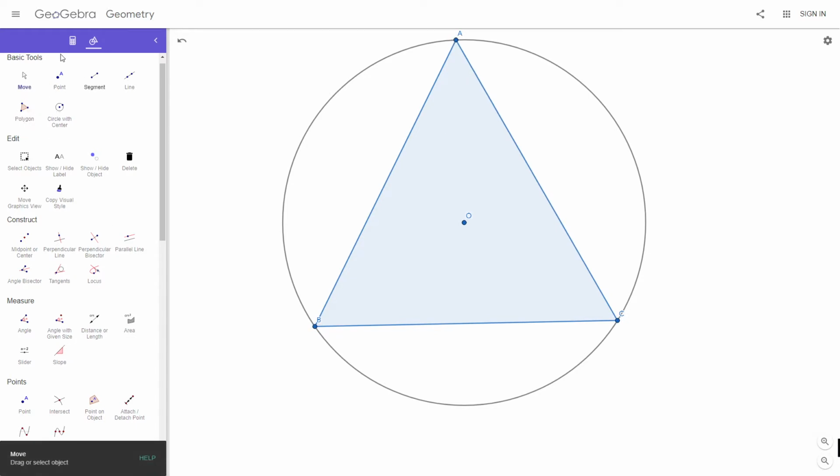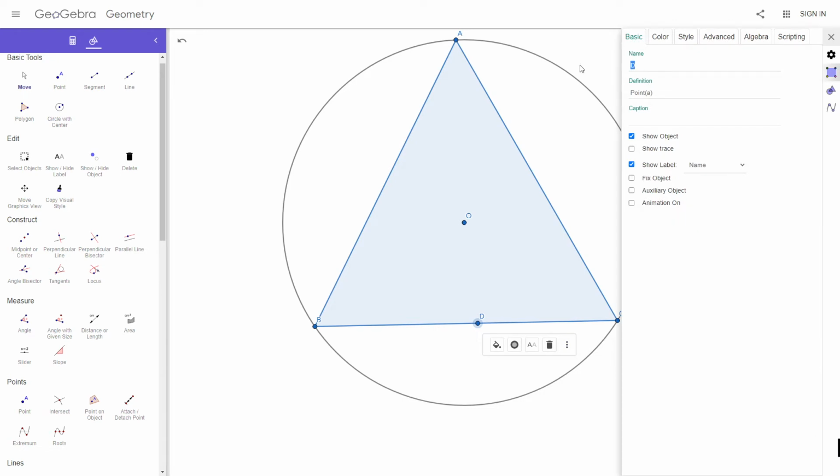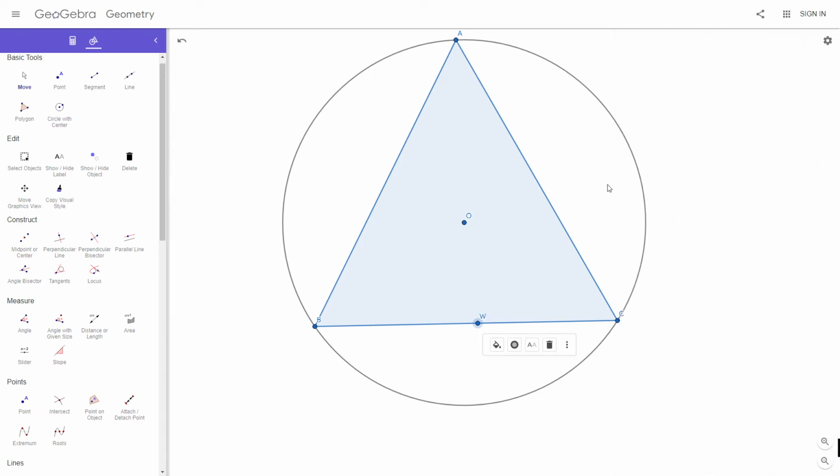Then we have W on BC, lying strictly between B and C. They didn't actually specify anything about this, so we are just going to take the fact that it is variable, so it's arbitrary, it doesn't tell us anything.